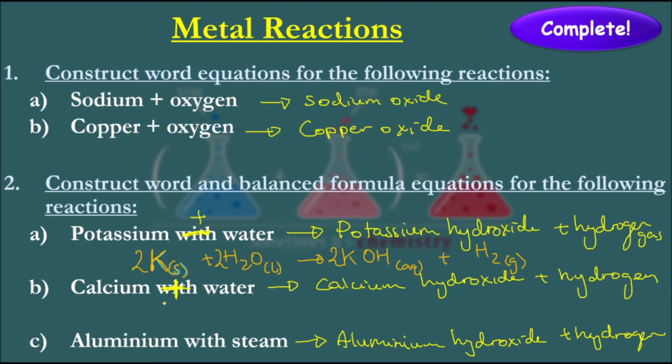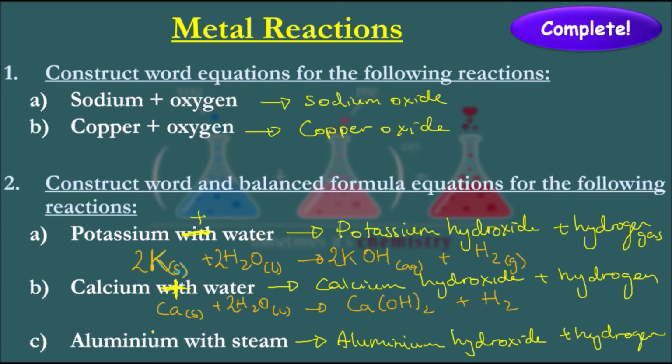So that's done. Calcium, solid, plus water, liquid, gives Ca(OH)2 plus H2. In this case, we have 4 hydrogens and 2 oxygens on this side, so we'll put a 2 here.